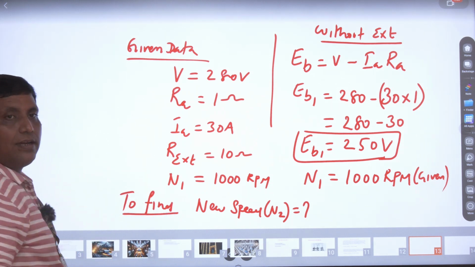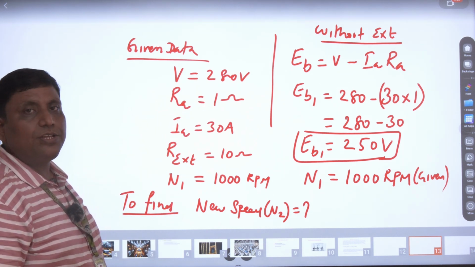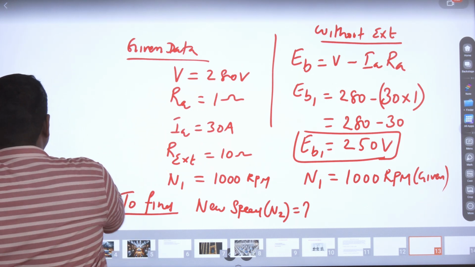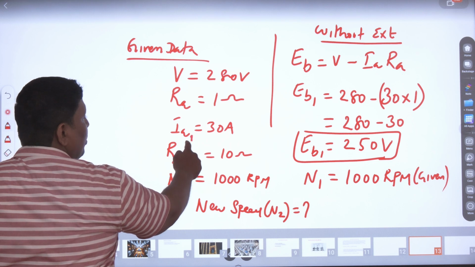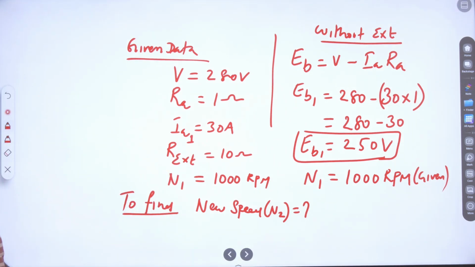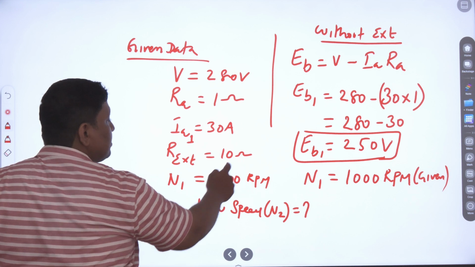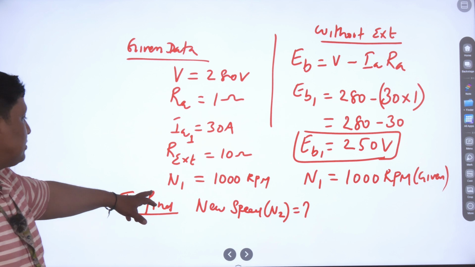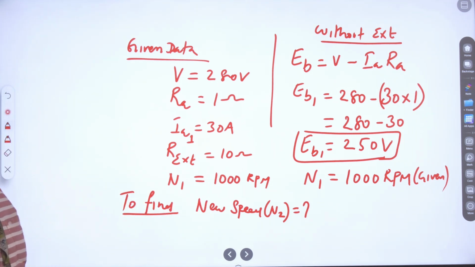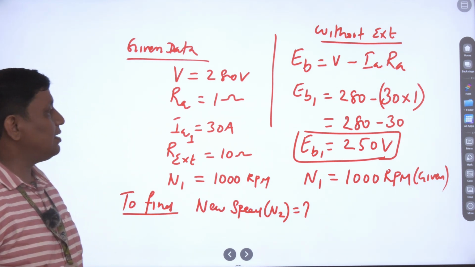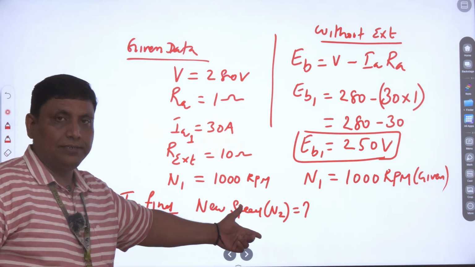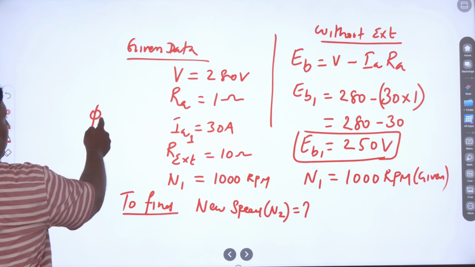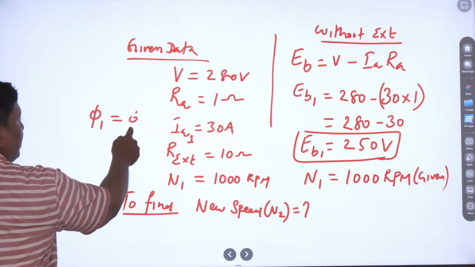So this is the given data. The supply voltage is 280 volt. Armature resistance is 1 ohm. Then the IA1 value is 30 ampere. External resistance is 10 ohm. And the initial speed, without external resistance, is 1000 rpm. After adding the external resistance, what will be the speed? And one more point, they gave phi1 equal to phi2.